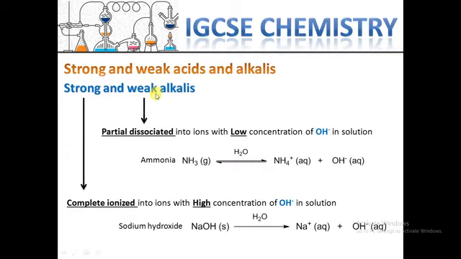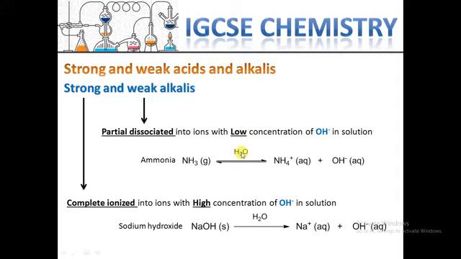If an alkali is weak, that means it partially dissociates into ions with a low concentration of hydroxide anion in solution, like ammonia. Ammonia is a gaseous compound.